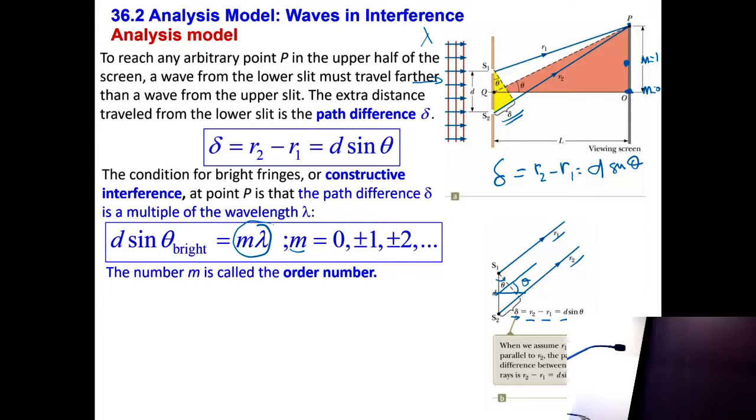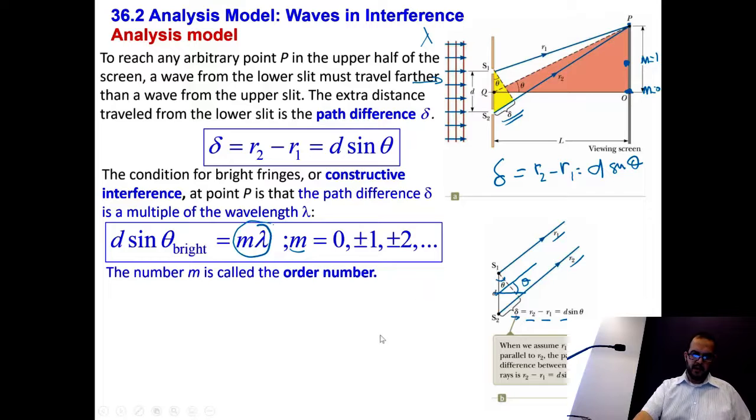So this is the condition. If we have this condition, then the waves will arrive in phase, and when they arrive in phase, we will get the maximum intensity. That we call constructive interference. Okay, how about the dark spots?